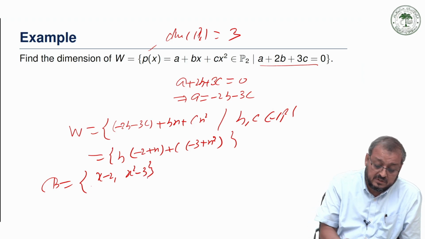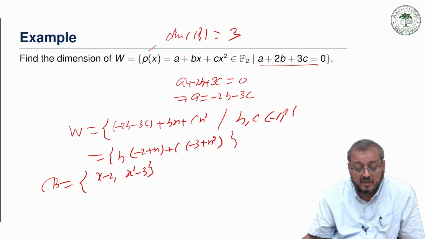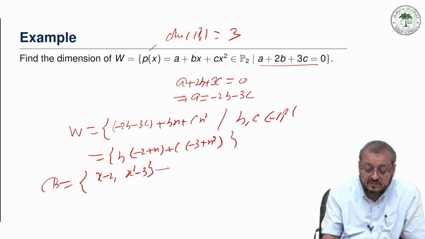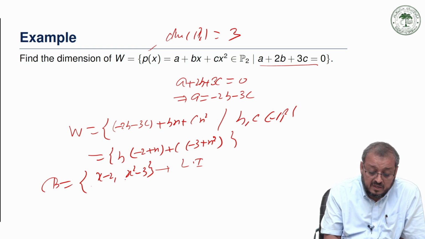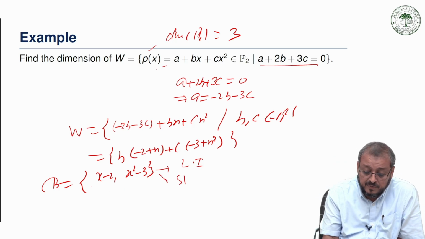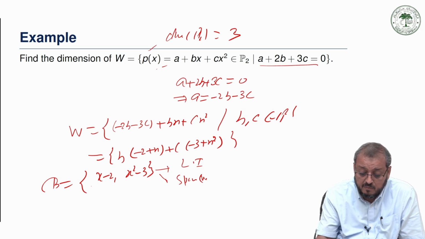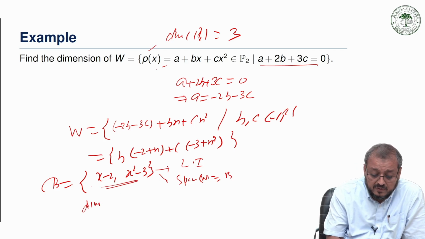Now just check: clearly these two vectors are linearly independent because none of them is a scalar multiple of the other. And we can also write all these elements as a linear combination of these two, so they generate W. This means W is the span of these two elements, and so we can say that the dimension of W is equal to 2.